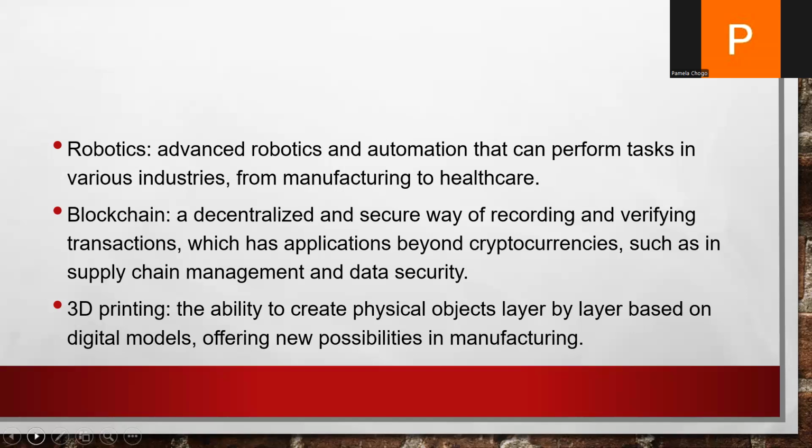And then another example would be there are restaurants in other parts of the world where, instead of having a human as a waiter, now you could have a robot that will deliver the food.